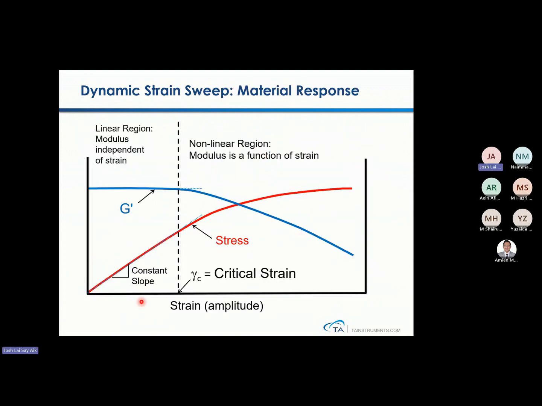And this is a result that you will get. You have amplitude here, and you have G prime, G double prime, and you're going to have an LVR region. These are LVR regions where the modulus is still constant. When you go into the non-linear region, it will drop. This is the critical strain.